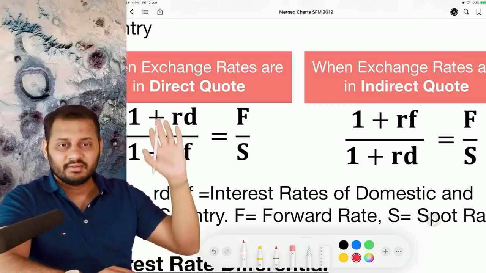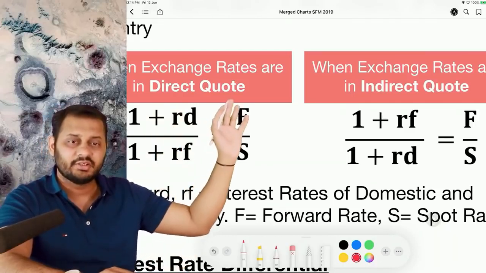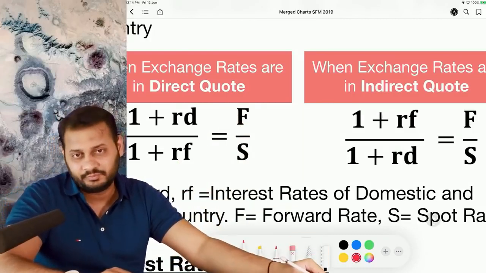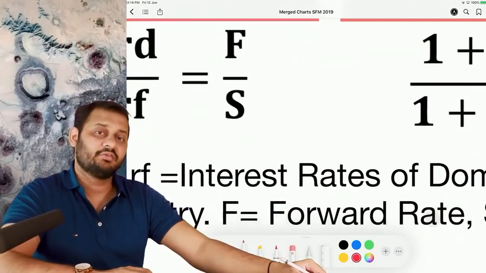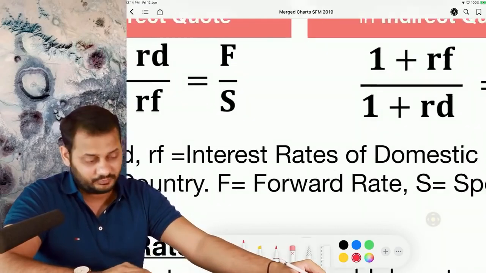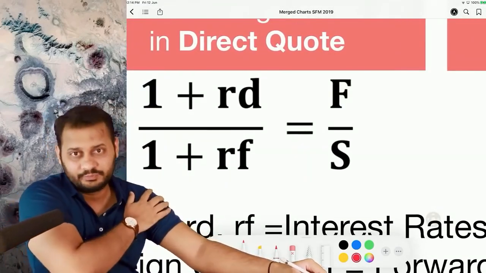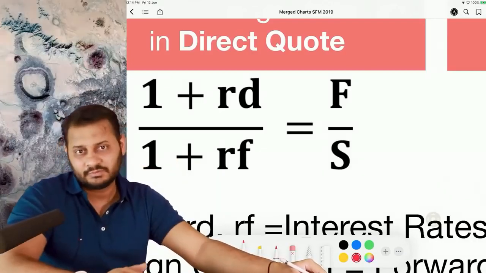This says that the difference between the rates of domestic and foreign countries should be equal to the difference between the spot and forward exchange rate. The difference between spot and forward exchange rate is called the interest rate differential. And if this theory holds true, an arbitrage opportunity does not exist.